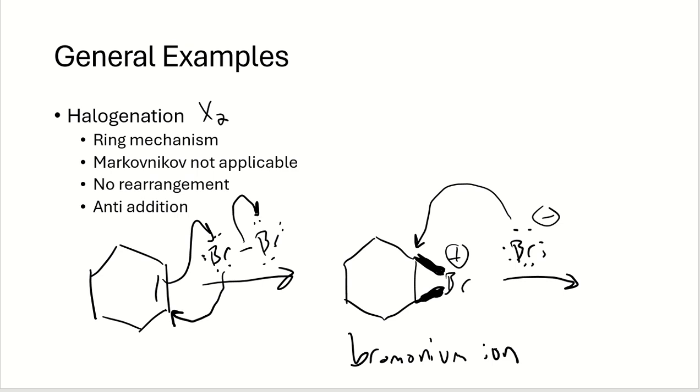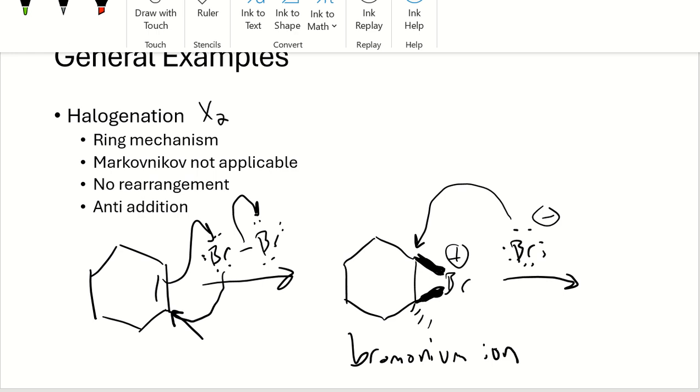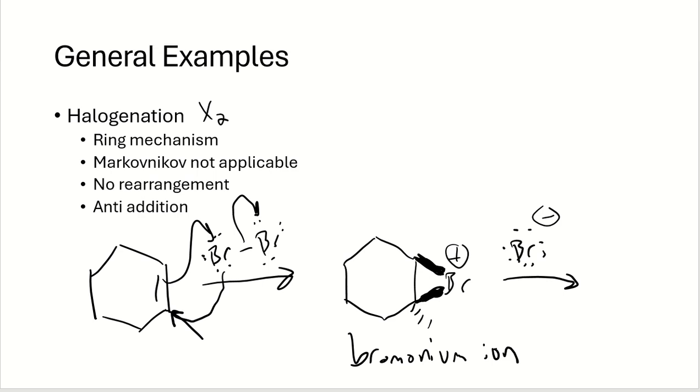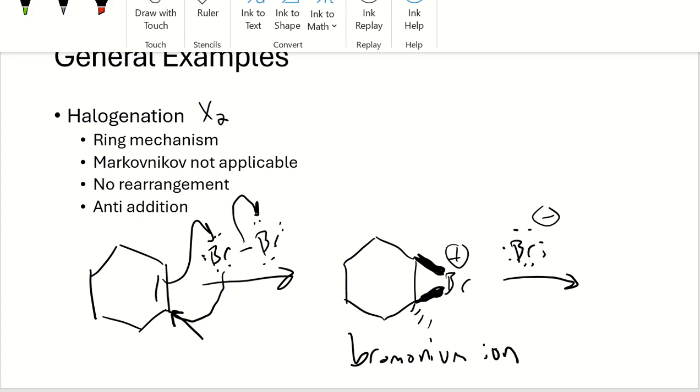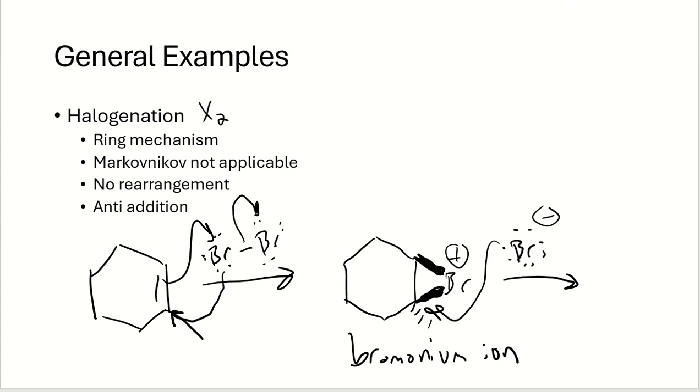It doesn't matter which side because in the end we're going to get 2 bromines, but technically speaking, if I had a methyl group over here, it would add to the more substituted side, the side that had the methyl group. But for this example, I'm not going to include that methyl group. We're just going to draw it like this.